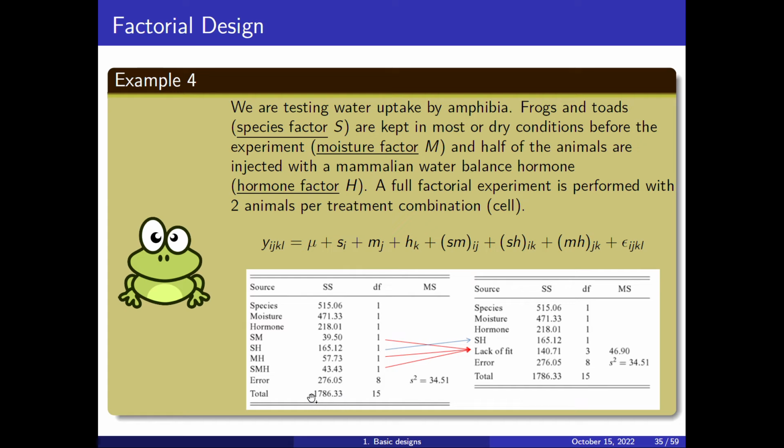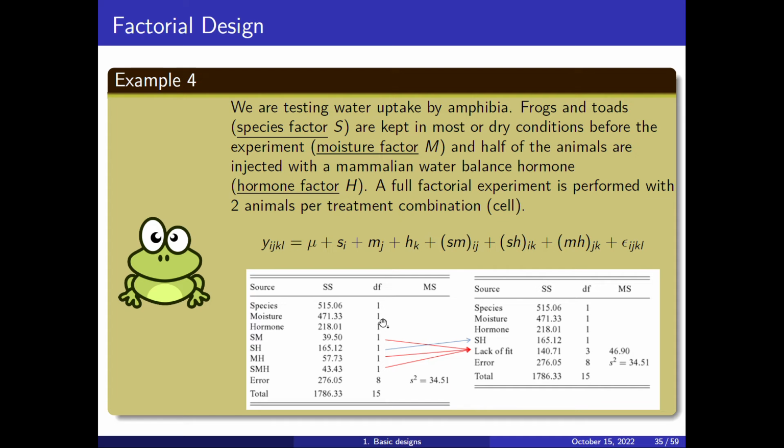Okay, so in total you have a variability, a sum of squares of almost 1800, and this is the decomposition in the different contributors. You count the number of degrees of freedom. So we had 16 animals in total, so that means that we have 15 degrees of freedom, and then each one of these factors has two levels, so we need 1 degree of freedom for each one of the factors.